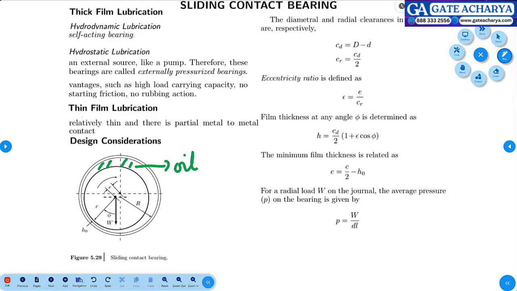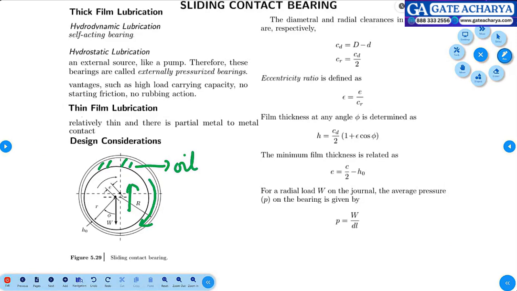As the rotation speed increases, this journal will be lifted upwards since oil is going to fill up inside. This is called thick film lubrication. A layer of oil will come between the journal and the bearing, so it will lift the rotating journal.